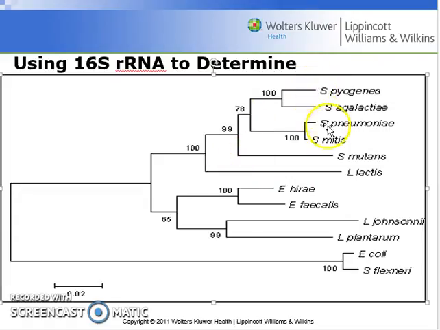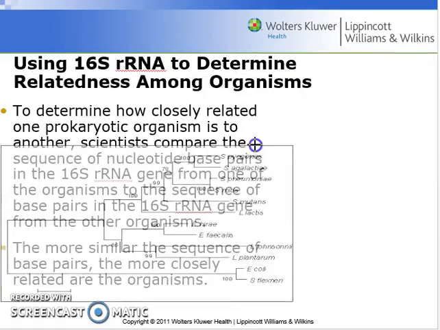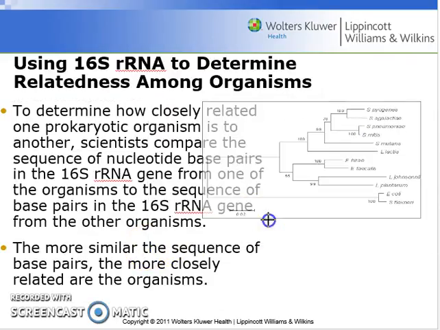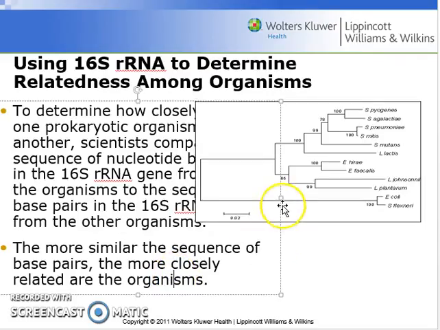And then as you go further down the cladogram, such as S. pyogenes and S. agalactiae, you see another split. So here you have a parent, a common ancestor between these two, but somewhere the two evolved from each other and you end up with two clades that exist. So that's how you read a cladogram, which is very useful in helping us understand the relationships between organisms in terms of evolution.